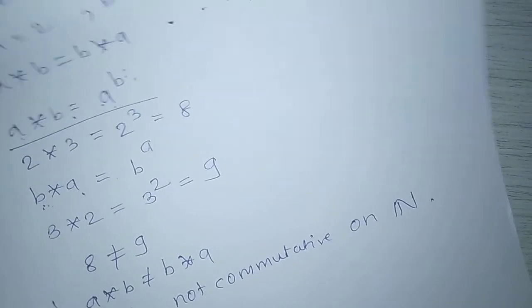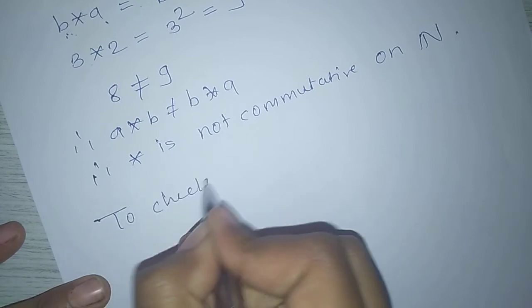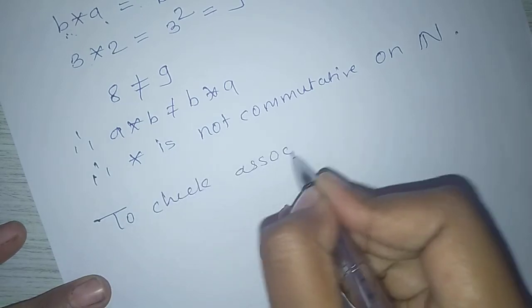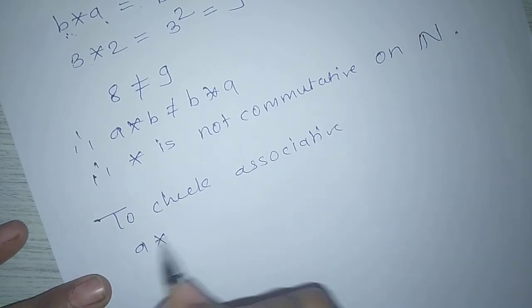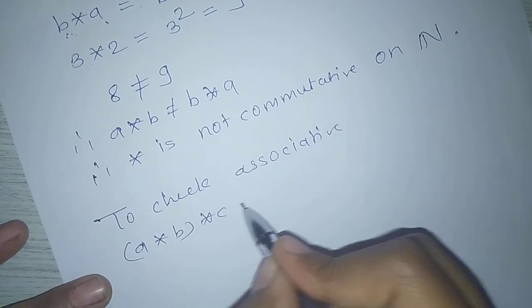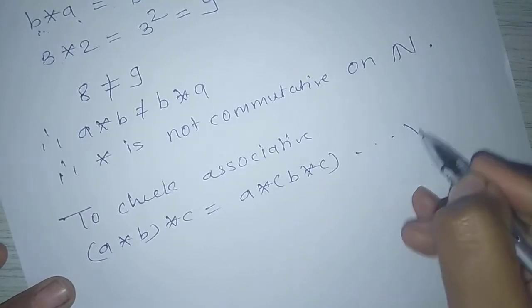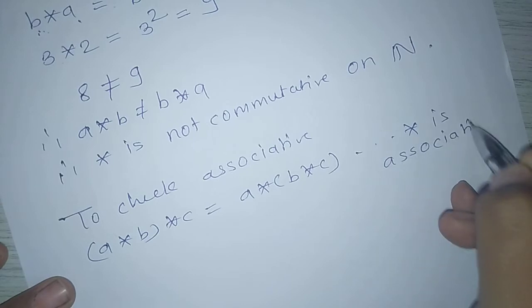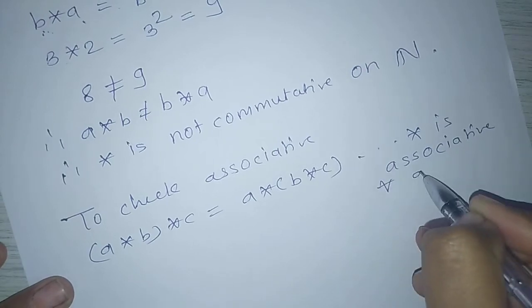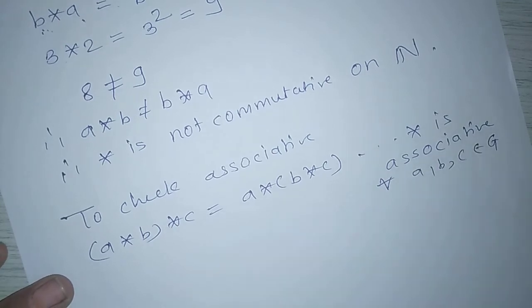Now to check associative, you know that if A star B star C equal to A star of B star C, then we can say that star is associative, and this holds for all the elements of the given set G. Here the given set is natural numbers.